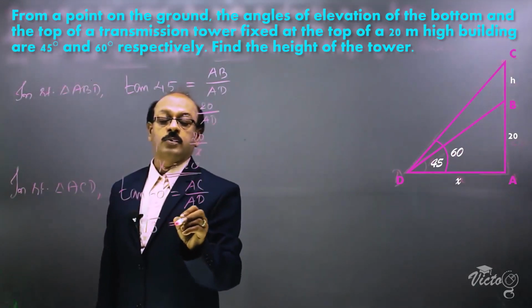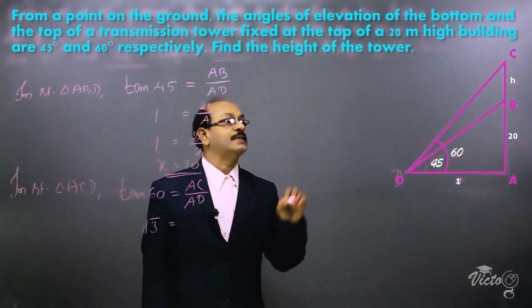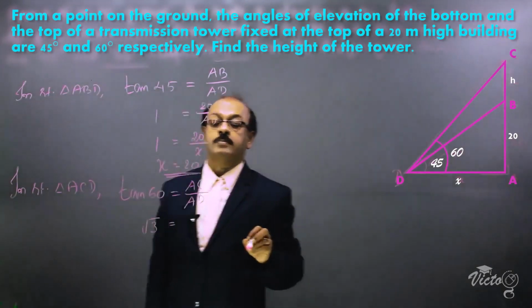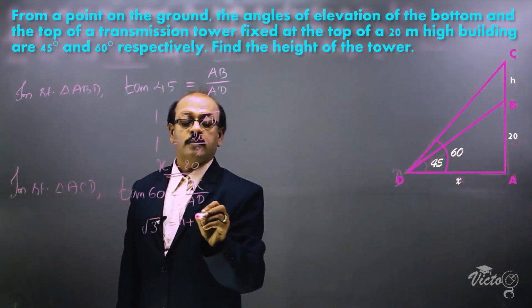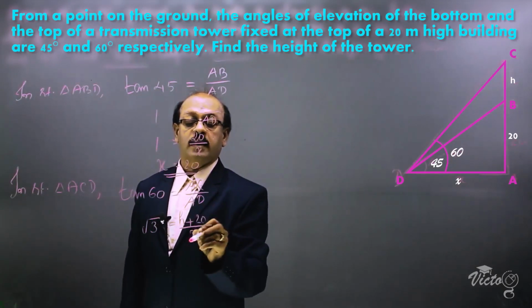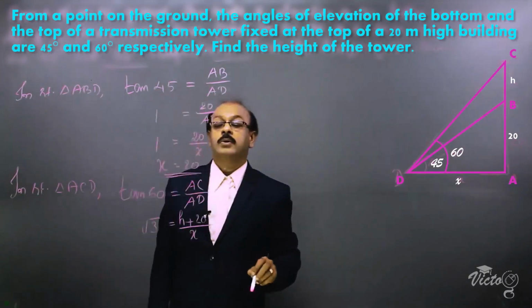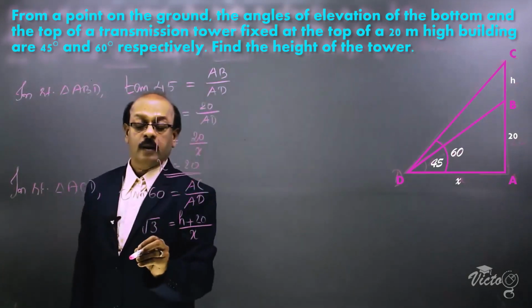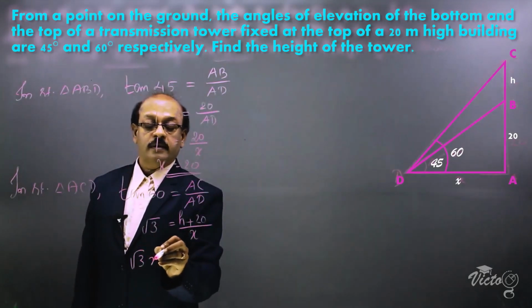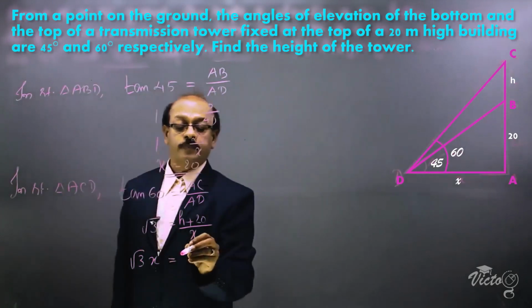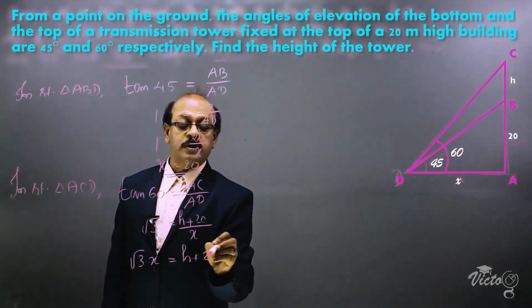Root 3 is equal to, we can write the value of AC as h plus 20, small h plus 20, divided by AD as x. Now cross multiplying, root 3 x is equal to h plus 20.